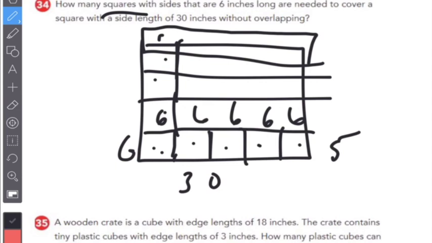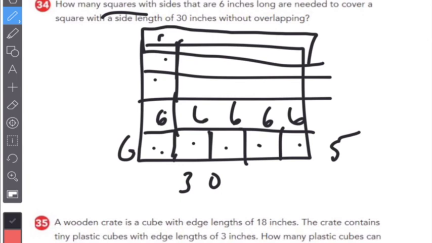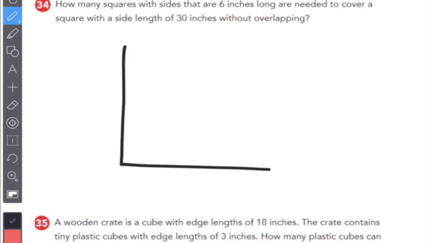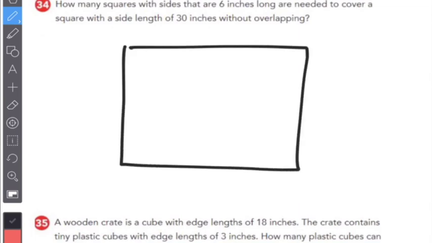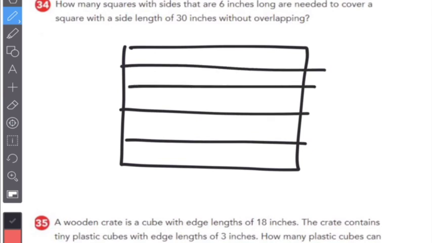So there's going to be 5 of them going up also. I'm sorry, let me erase it and do a little better job. Okay, so let's do this again. Okay, so here, 2, 3, 4, 5, 2, 3, 4, 5. Okay, that's a little better.